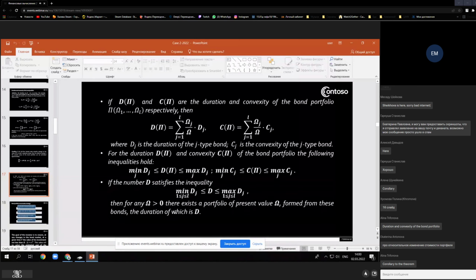Also pay attention to fact number 3, which is very important. We are supposing that we can choose any number t which is between the minimum and maximum duration. And in this case, we will be able to construct the portfolio so that the duration of the bond will be equal to this number. This is very important notation.